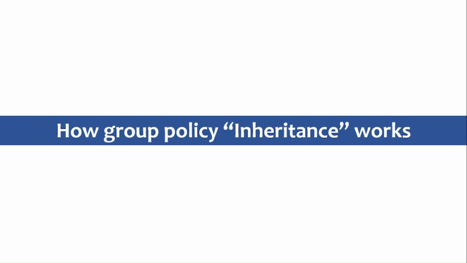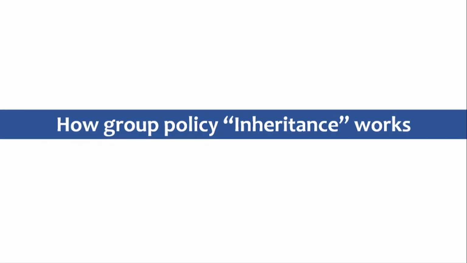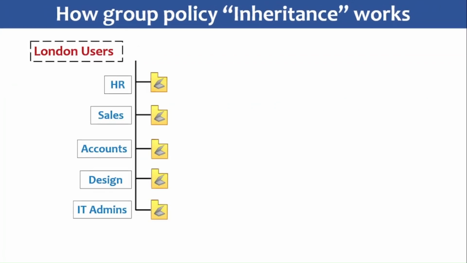How does group policy inheritance work? First we'll understand how inheritance works, then we'll move on to blocking that particular inheritance. This is the OU structure. We have a parent OU, London users, and we have 5 OUs under it: HR, sales, accounts, design, IT admins.